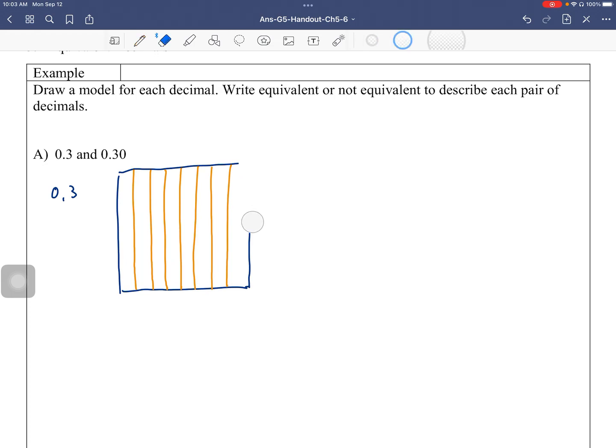It's still not big enough anyways. 1, 2, 3, 4, 5, 6, 7, 8, nine. It shouldn't be a rectangle anyway, but I didn't draw it large enough for me to dissect into 10 equal proportions. And now this is 0.3, so I got 3.